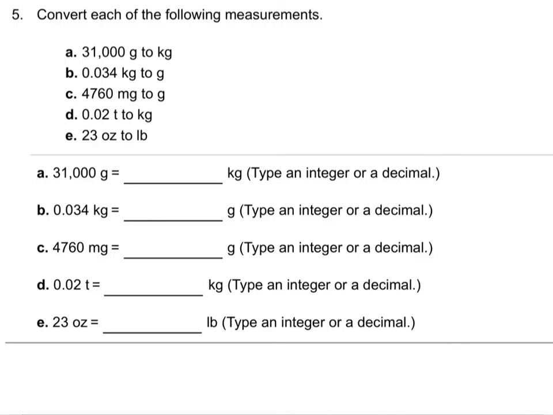Let's go on to number 5, more conversion. I want you to convert each of the following measurements. Now we're working in the grams system for parts A, B, and C. So let me write up here again the metric conversion chart.